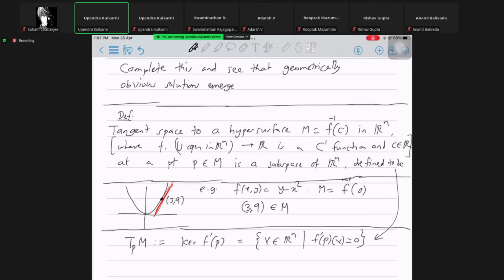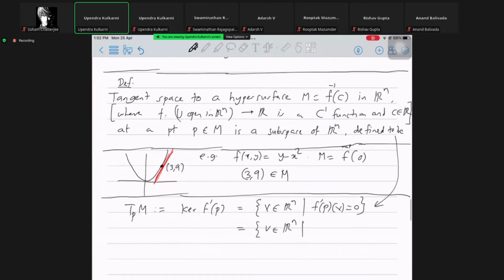But notice this is really the same thing as the following. Now this F prime of P, what kind of gadget is it? So recall, F prime of P is a linear map. From where to where?